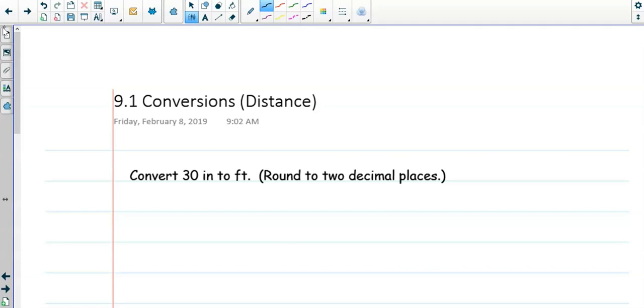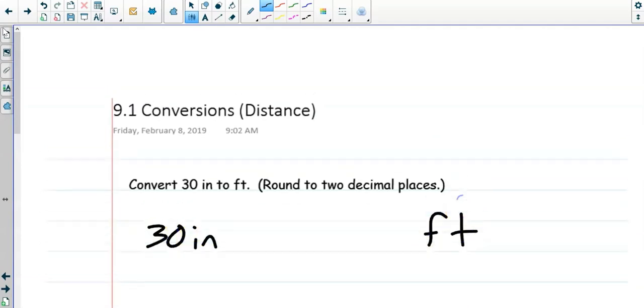That's how these 3 sections work. So this is all about distance, then we'll do some 9.2 ones, which is about area and volume, and then we'll hit up some 9.3 ones, which is about weight. So in here, it says we want to convert 30 inches to feet.